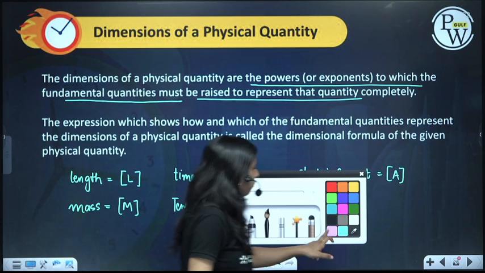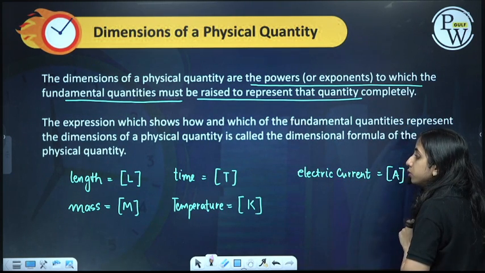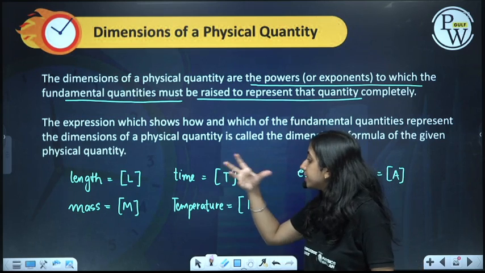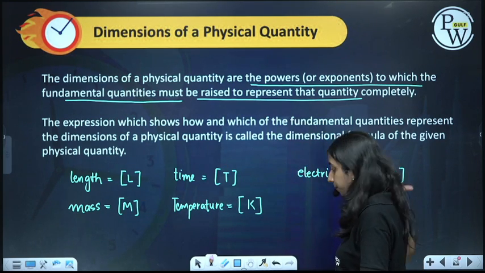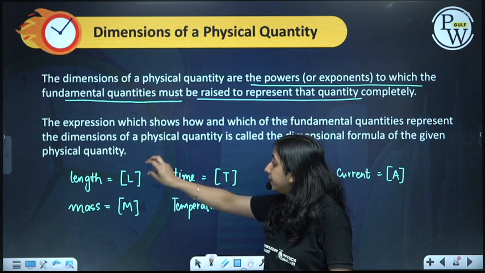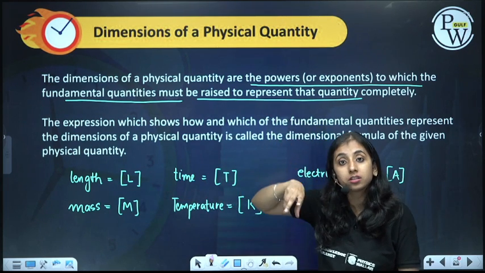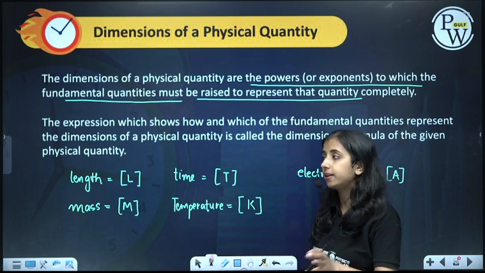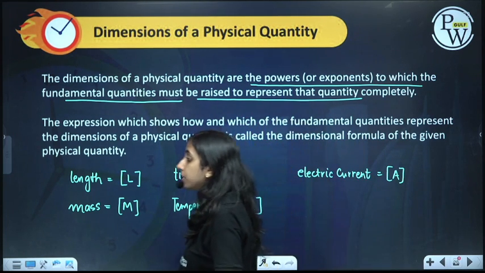So this is how we represent. Now if we want to represent any quantity x, then I have to express x in terms of these fundamental quantities, and the powers or exponents to which these fundamental quantities must be raised to get x are called the dimensions of x.